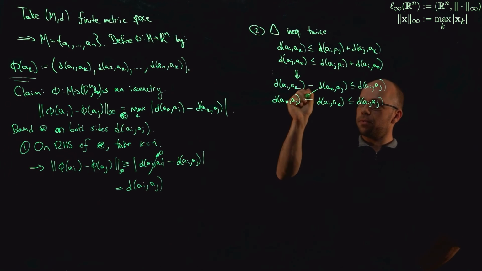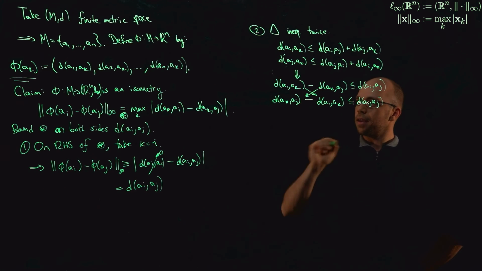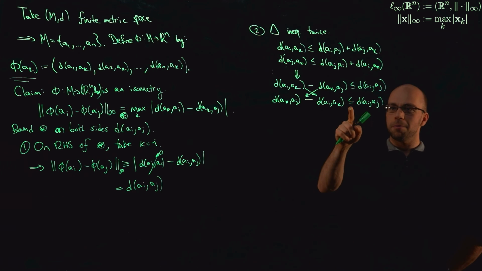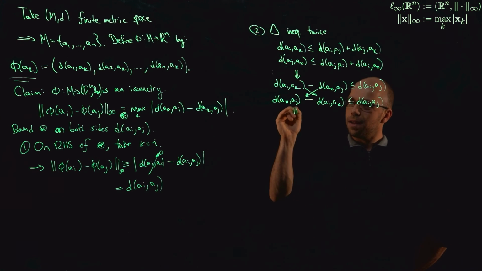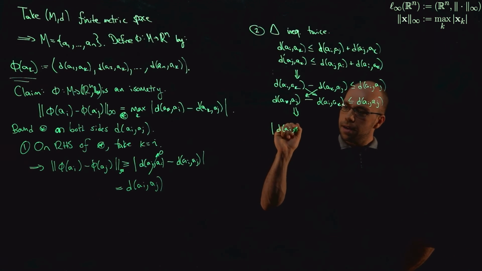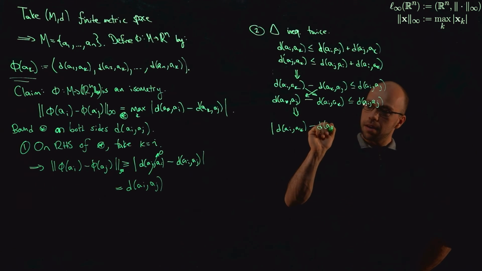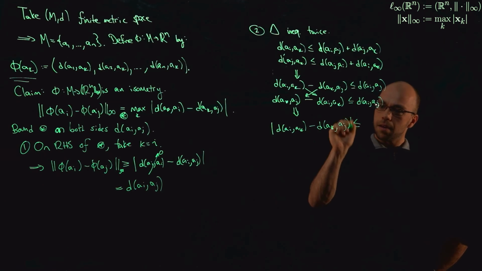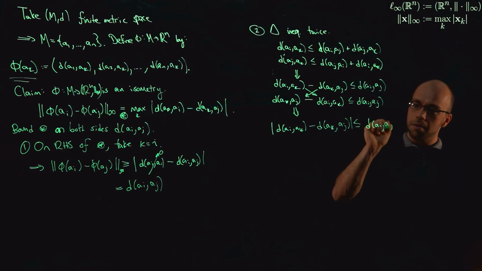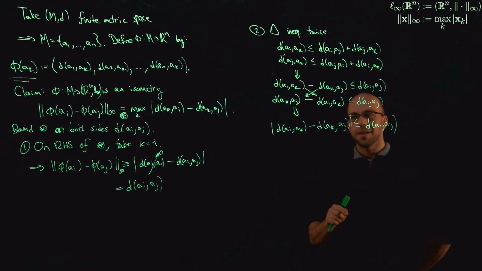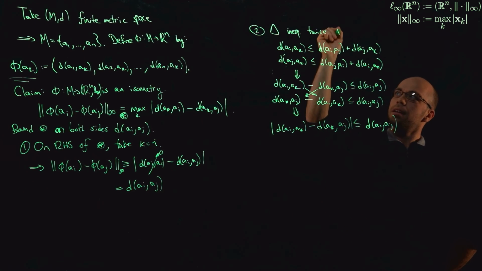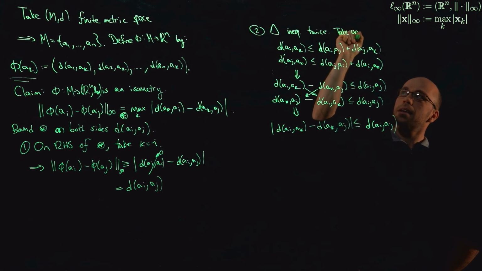Notice that these are just flipped from one another. If an expression and its negative are both upper bounded by the same value, then what we showed is that the absolute value of d of AI AK minus d of AK AJ is upper bounded by d of AI AJ. And remember that this is true for any k. We just said, take an arbitrary k.